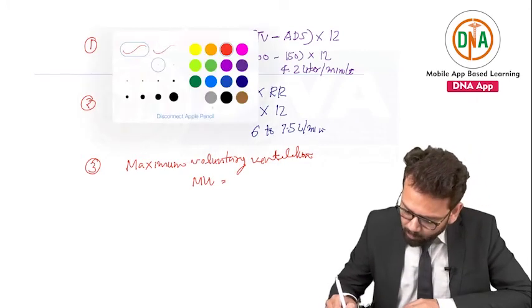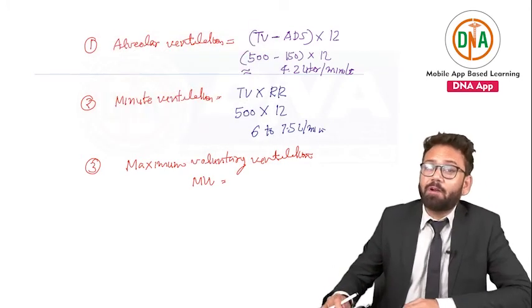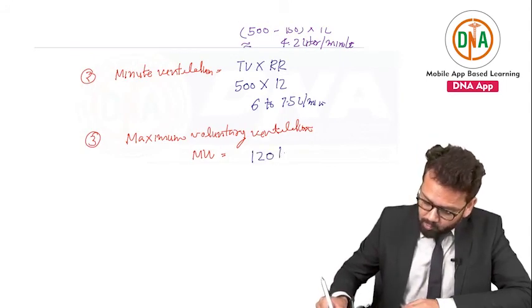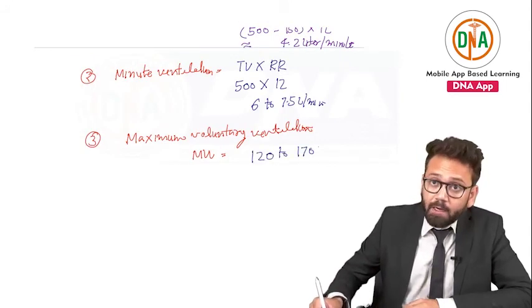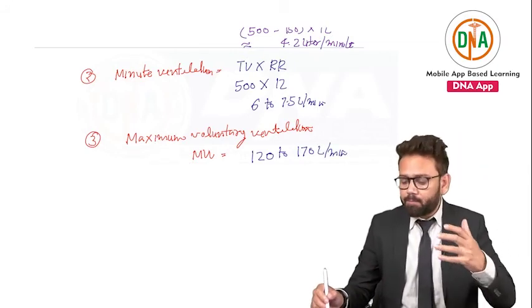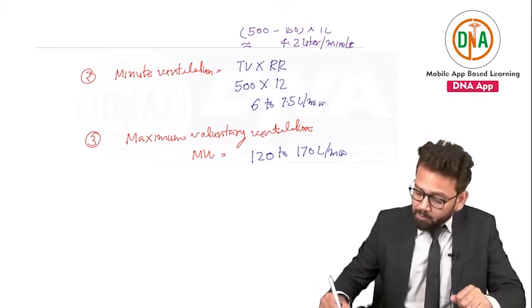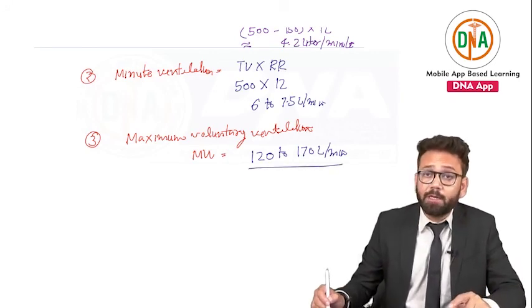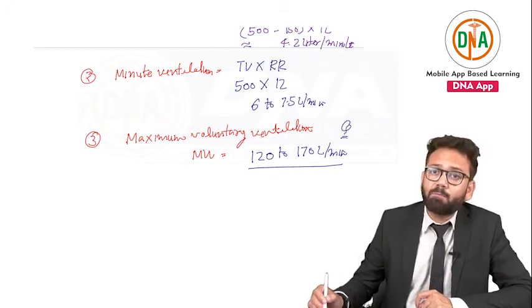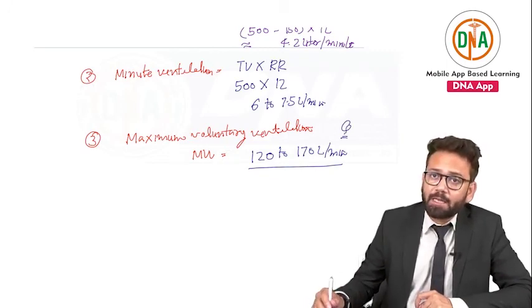Can you guess the amount of air which you can maximally ventilate per minute? It is 120 to 170 liter per minute. If you voluntarily ventilate maximally, the amount of air you can ventilate is 120 to 170 liter per minute. This is called maximum voluntary ventilation.